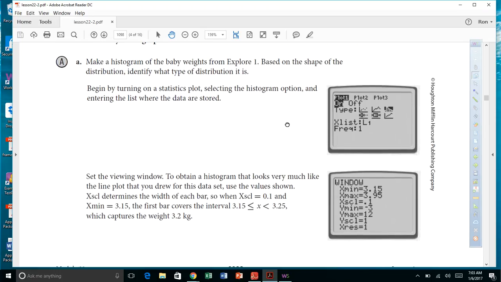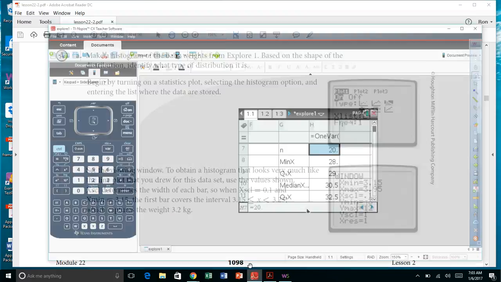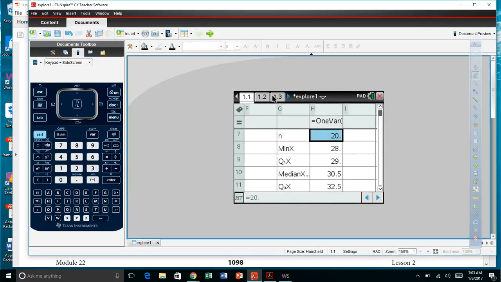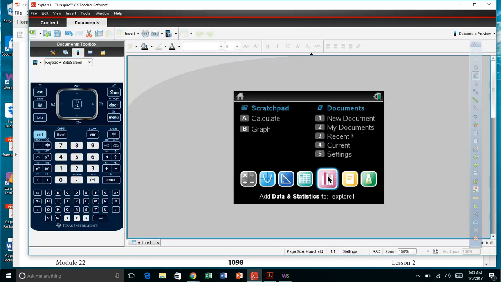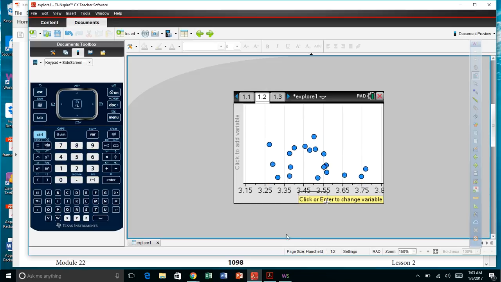Okay, so let's make a histogram of the baby weights. Let's go over here and click on that. Let's get us a new window. Baby weights. All right, so there we go. Well, that's a line plot.